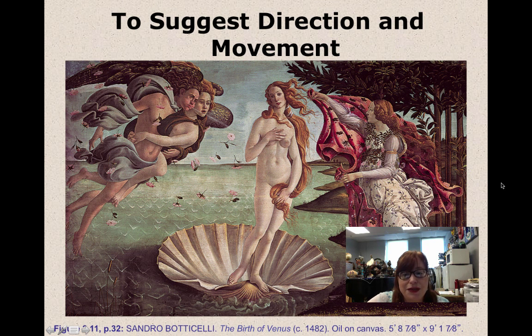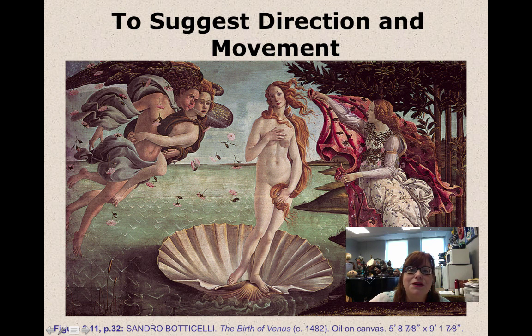So take a look at this for a moment. This is a huge piece. It's over 5 feet by 9 feet, so it would have been massive. But take a look at it and try to figure out where the lines that are suggesting movement are. So, okay, if you said that the lines are in the shape of the billowing fabric on the winds here, you'd be correct.